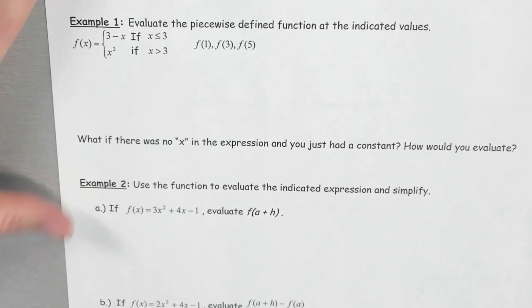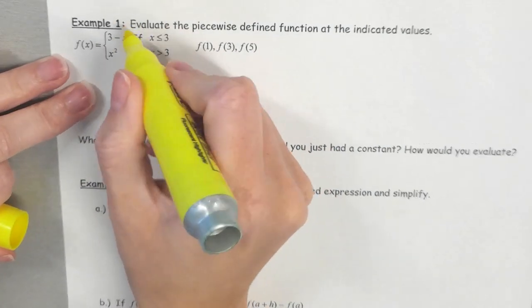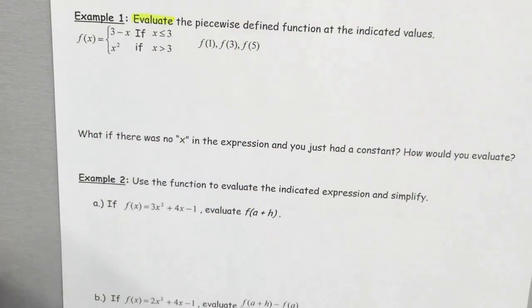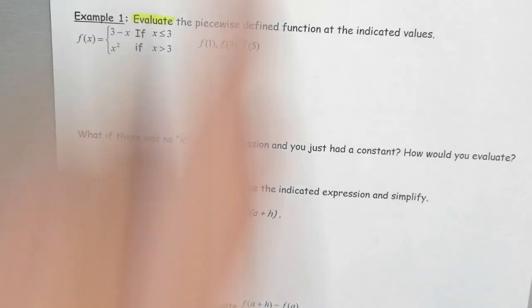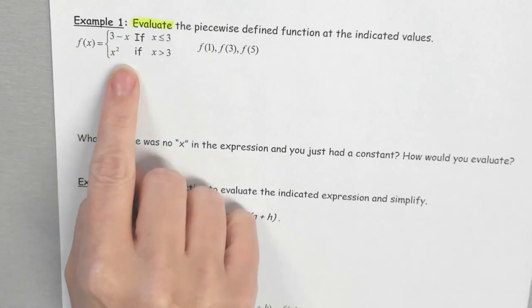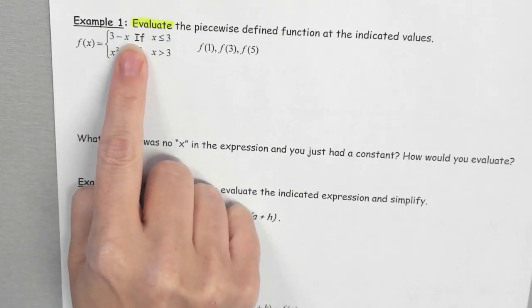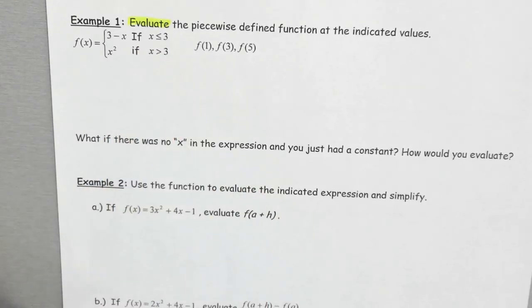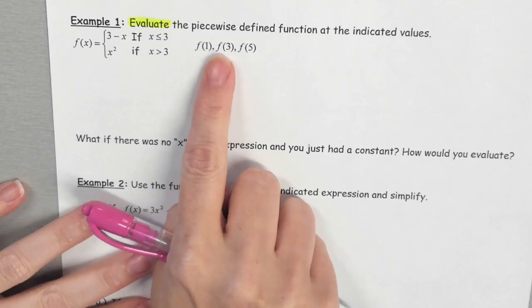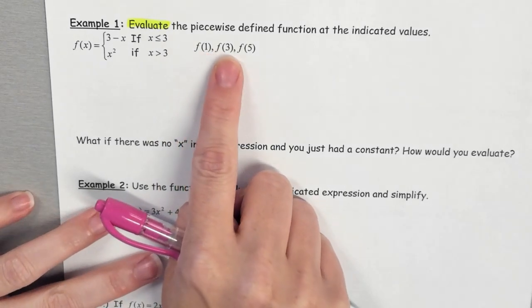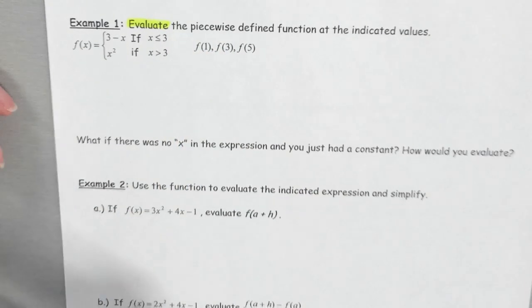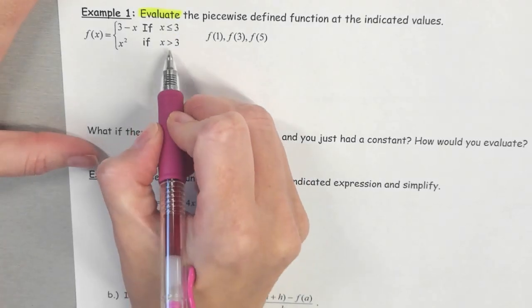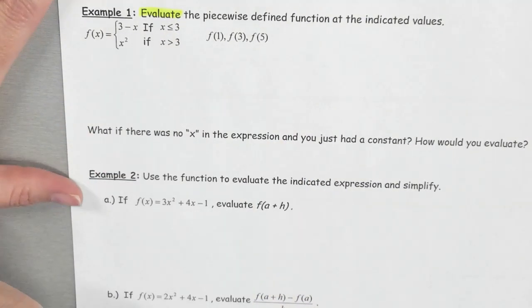So if you are evaluating, okay, if you have a piecewise function, if x is less than or equal to 3, if x is greater than 3. So we have to find these three things, f of 1, f of 3, f of 5. So you just have to find which one of the inputs it's going to go into.